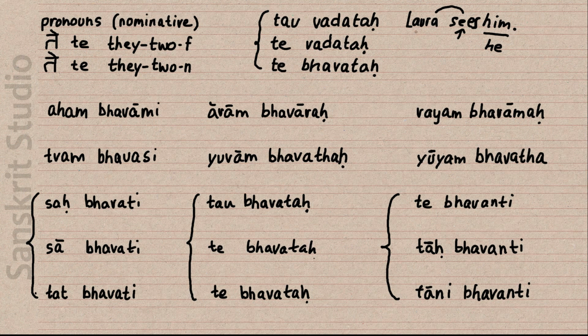We could exchange Laura for a she. She sees him, and we can do that because she is nominative here, and this him is a non-nominative case, which we can talk about later.